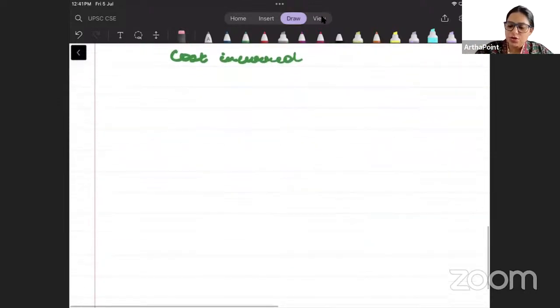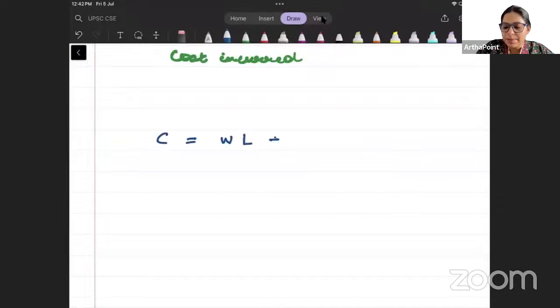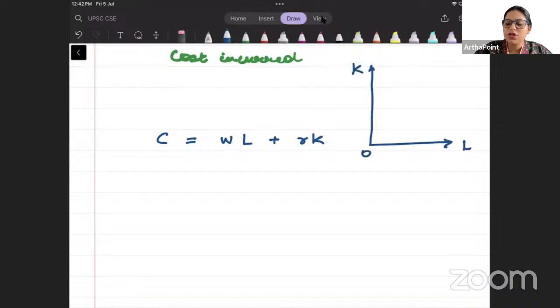Now try to understand carefully. I am saying that C is equal to WL plus RK. I have taken labor on the x-axis and capital on the y-axis. I need to find the slope of this isocost line.